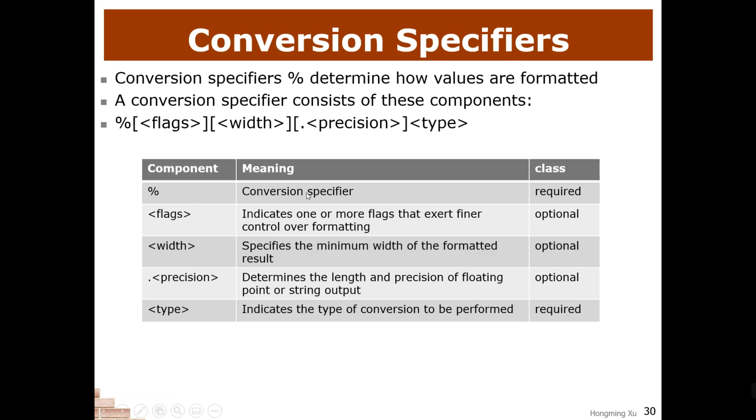It's not really a modular operator here; we call it a conversion specifier. This is compulsory. The other four components, flags, width, precision, and type, are optional. But if you want fine control over your output, to control it into a specific format you want, you need to learn and use these components.